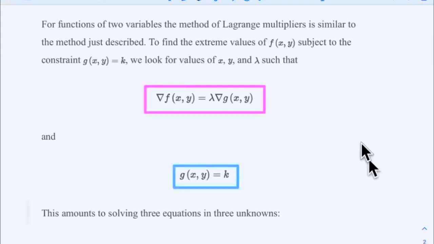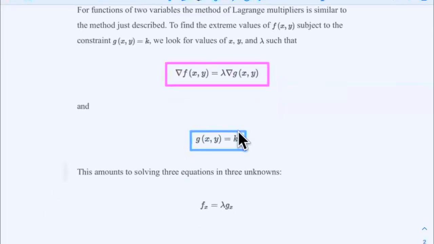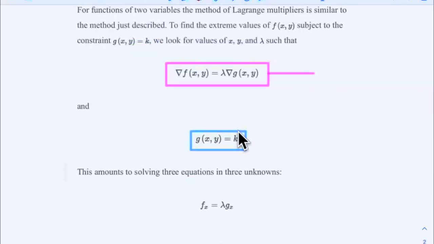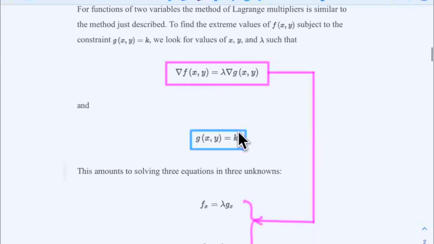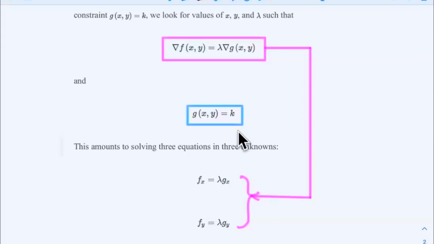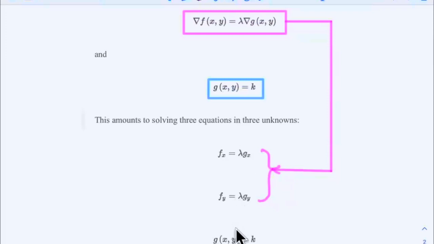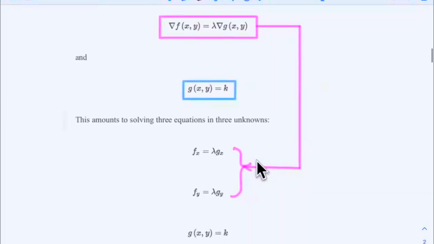Because f and g are functions of two variables, this breaks into two equations: the partial derivative of f with respect to x is lambda times the partial derivative of g with respect to x, and similarly for y. Then you just solve those equations to find x, y, and lambda. So the idea is actually not too hard.